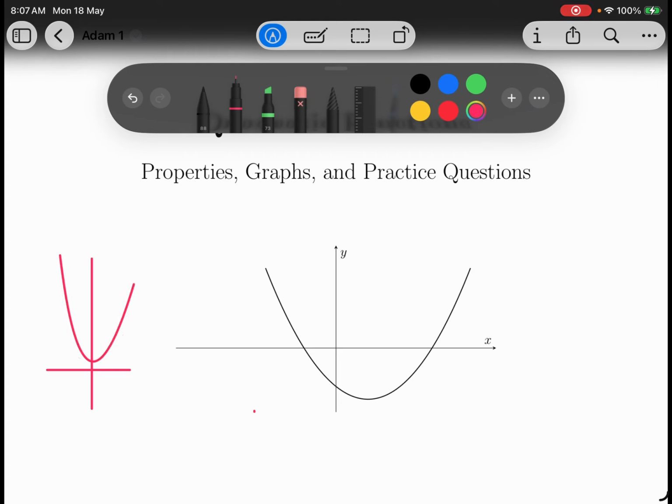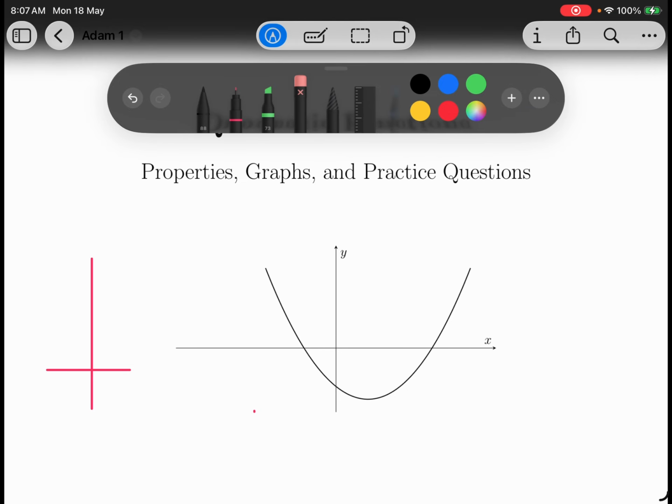So the range will start from this point on the y-axis, which is the y-coordinate of the vertex, to infinity. And when the graph is like this, then the range will be absolutely different: from minus infinity to this point, which is the y-coordinate of the vertex.